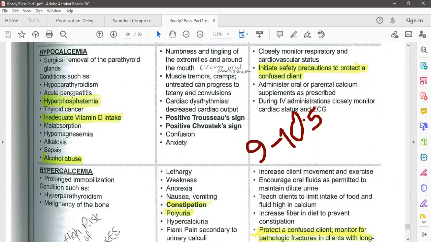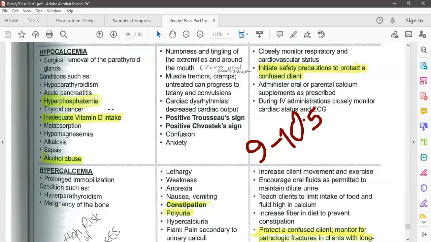Acute pancreatitis, hyperphosphatemia, or thyroid cancer are also causes. If there is thyroid cancer, we need to remove the thyroid gland. When the whole gland is removed, there is a chance the parathyroid gland is also removed, and the patient develops hypoparathyroidism. If the patient develops hypoparathyroidism, calcium level goes down and they develop hypocalcemia.